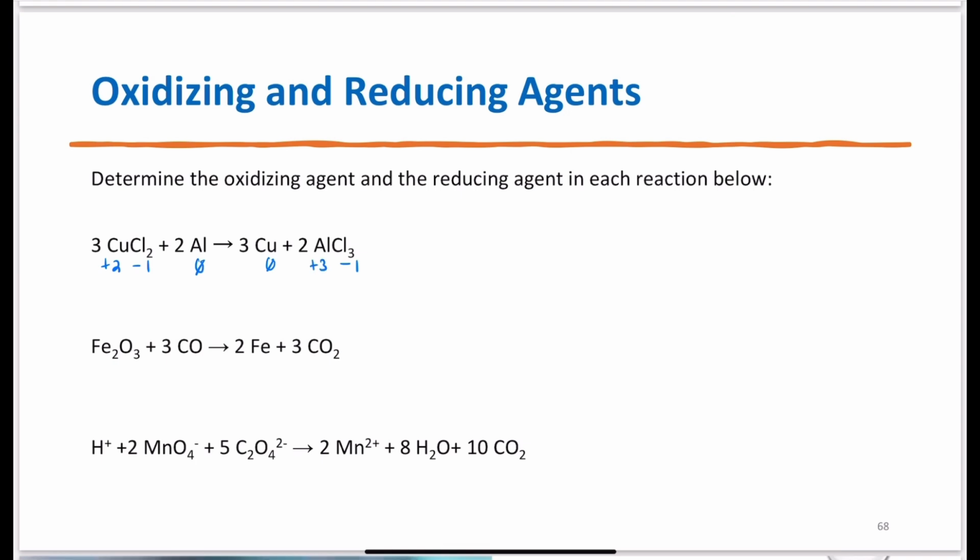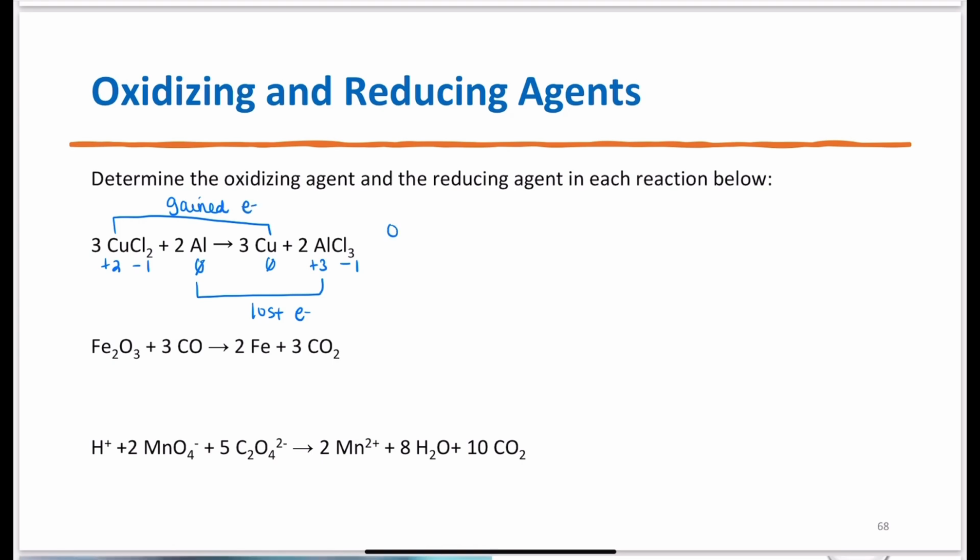This is called a single displacement reaction. One species has been displaced. The aluminum went from a 0 charge to a +3, so it lost electrons, whereas the copper went from +2 to 0, so it gained electrons.